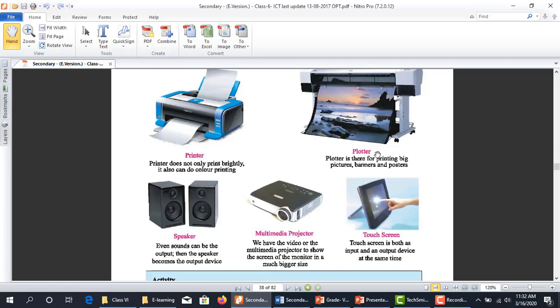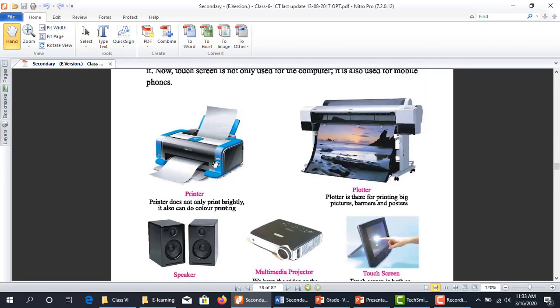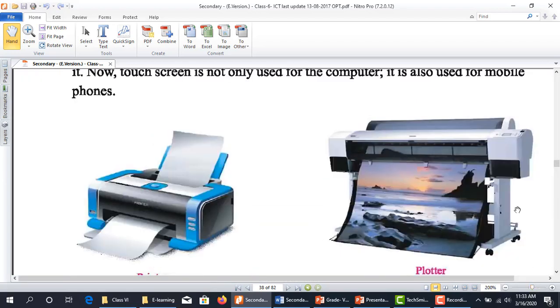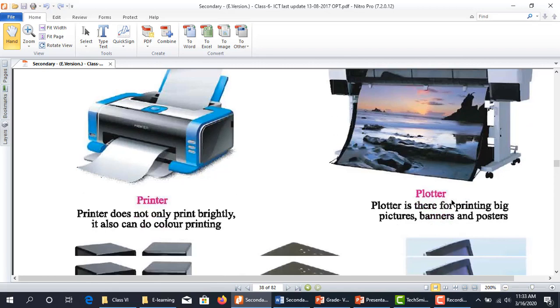The plotter: if you have a big banner, you cannot print it from a small printer, so you need a big printer. That printer is called the plotter. You can see big pictures and big banners printed with it.